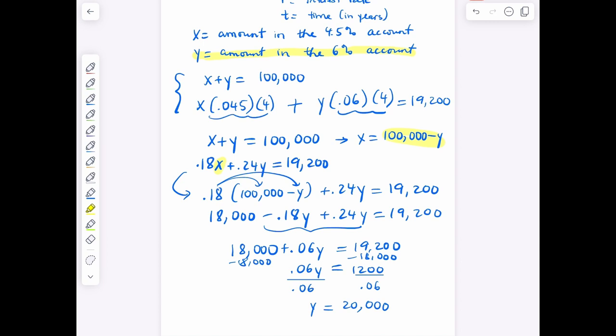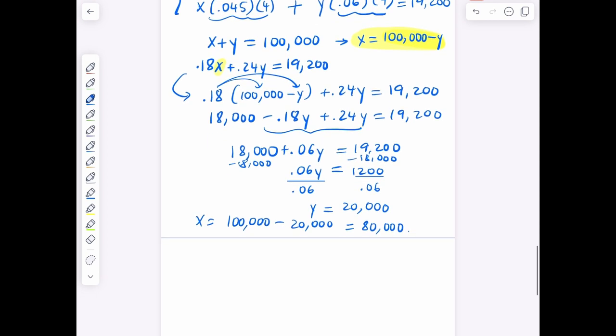Now, how do we find the amount in the 4.5% loan? We know the total of the two is 100,000. So based on this equation here, actually, let's use this equation where x is equal to 100,000 minus y. So x is equal to 100,000 minus 20,000, and that will give us $80,000. Let's write a conclusion.